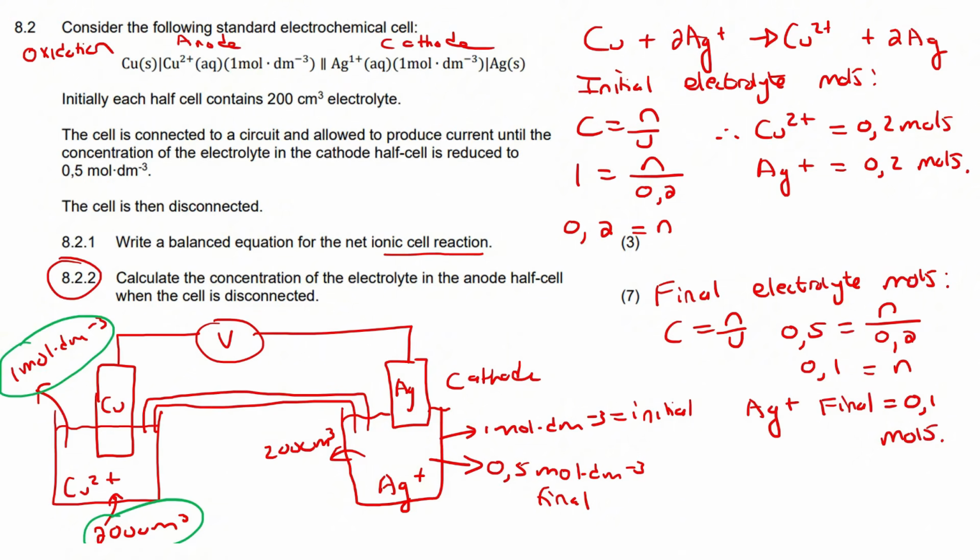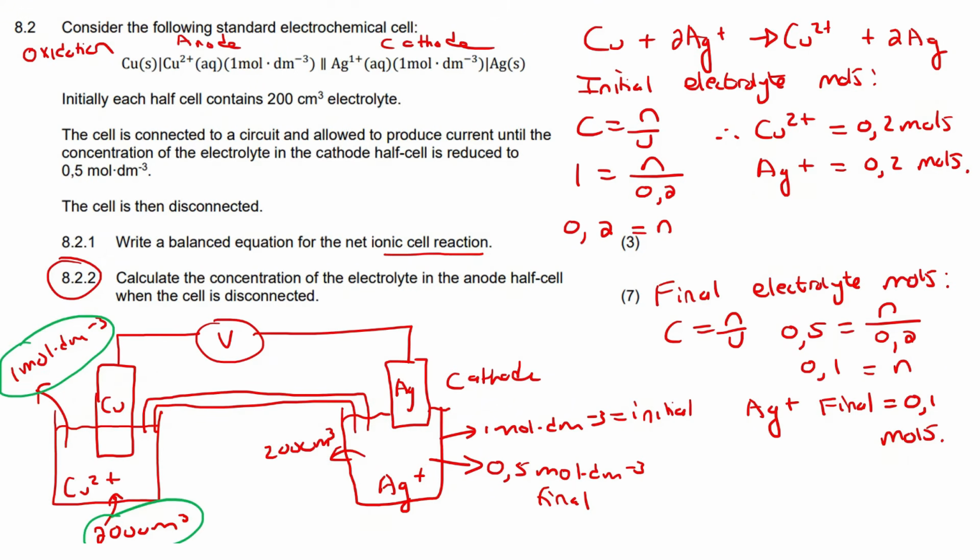Okay, you with me so far? So all that we've calculated so far is that in the beginning of the question, before any reaction took place, this is how many moles of Cu2+ we had, and this is how many moles of Ag+ we had. Now, based on this information that they gave us, we know that the final electrolyte moles is now 0.1, and we can see that it's dropped. And that makes sense because we said the amount of this is going to go down and the amount of this is going to go up.